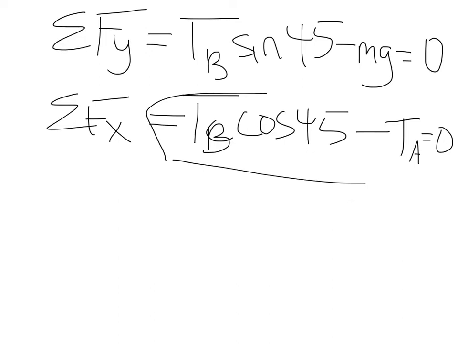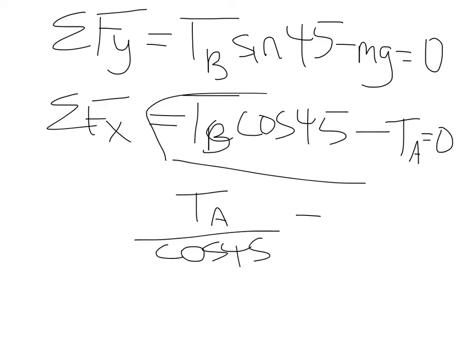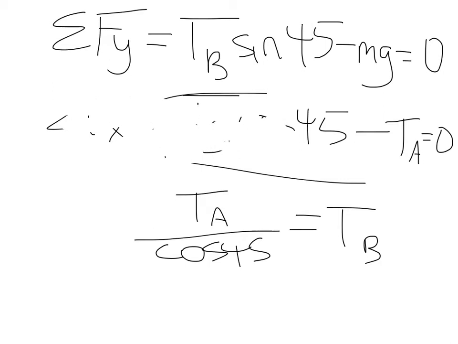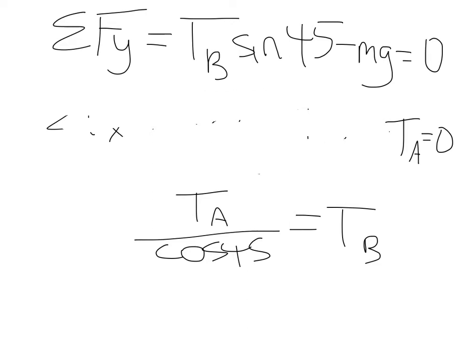So you have TA over cosine of 45 equals TB, and you can then just substitute that in to the other equation, and then everything will be easy.